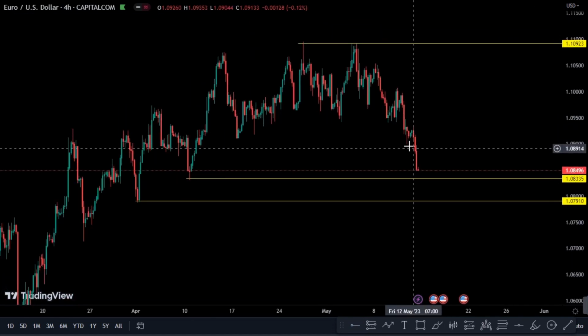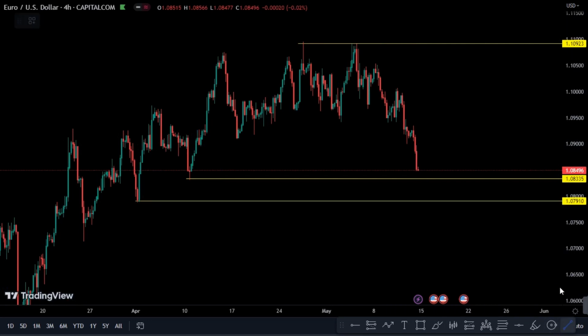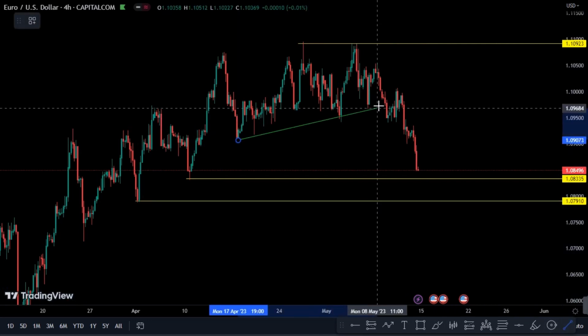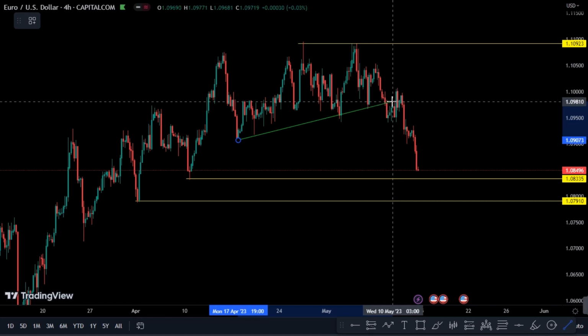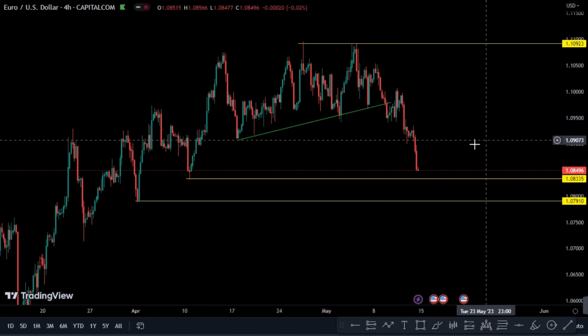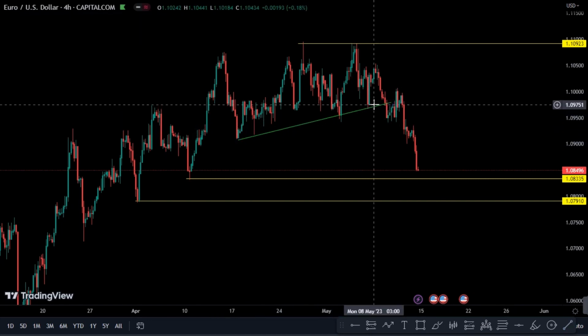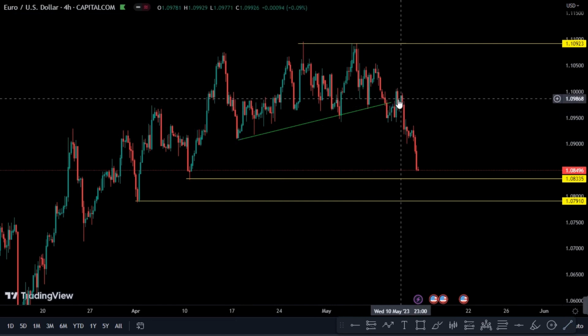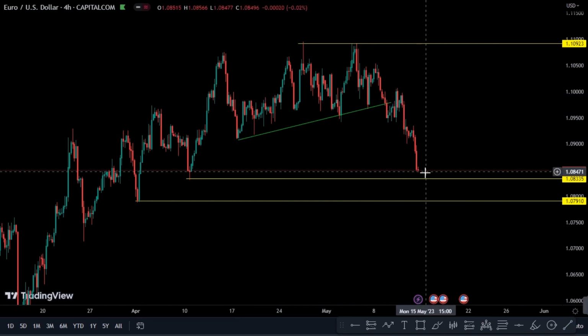This market was recently pushing to the downside. As you can see, this was the trend line that broke here, initiating this heavy push to the downside.